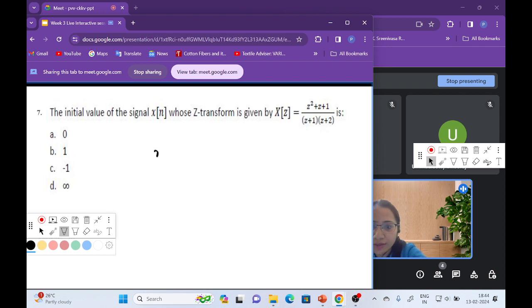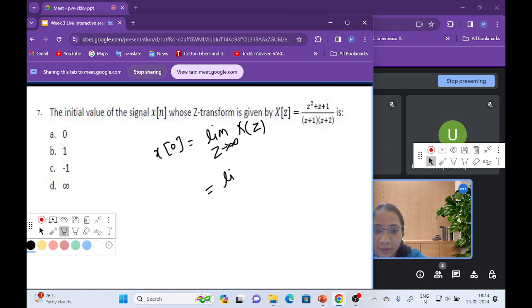So the initial value theorem is x of 0 is represented by limit z tends to infinite x of z. This is the initial value theorem for z transform. Okay, so what is our x of z?